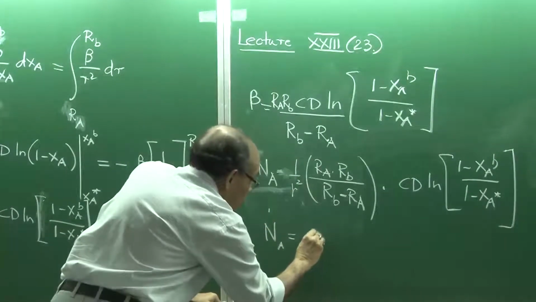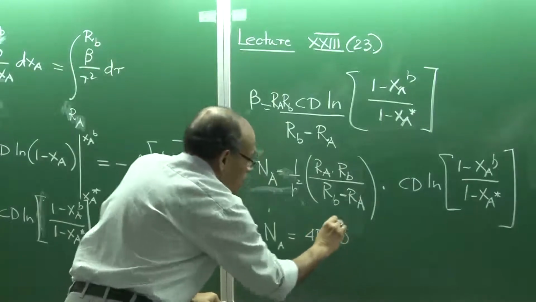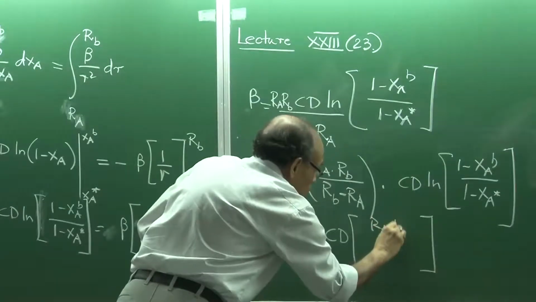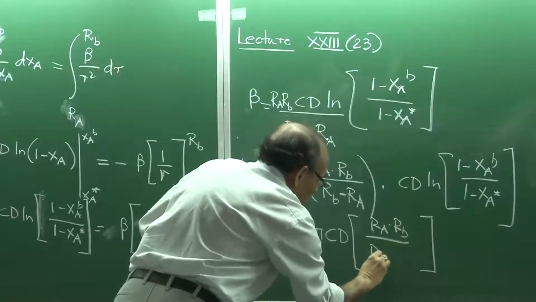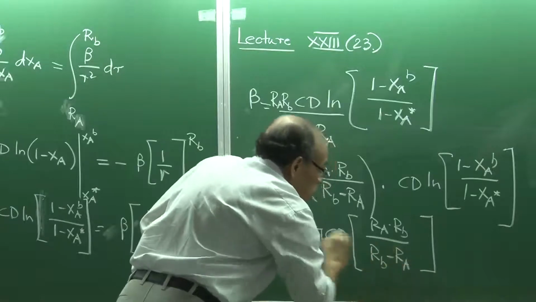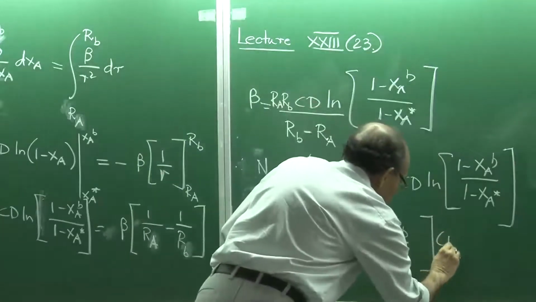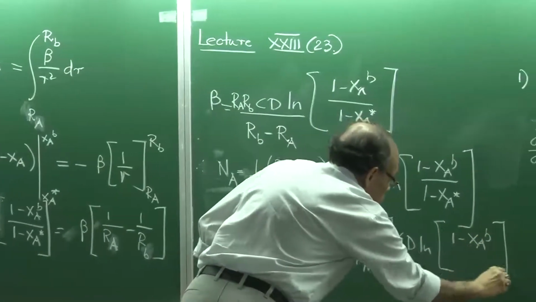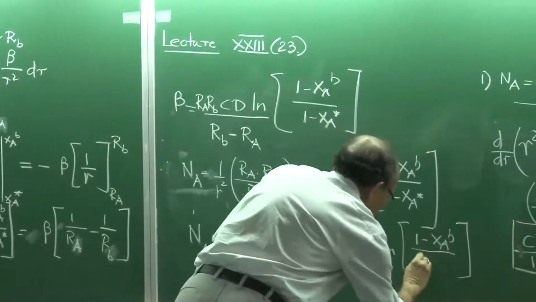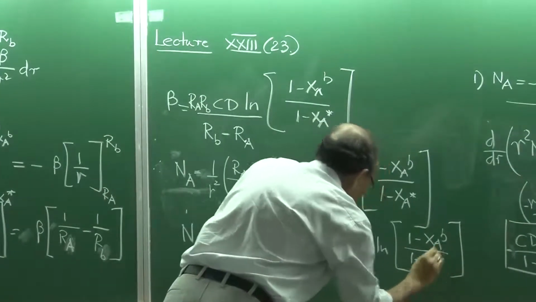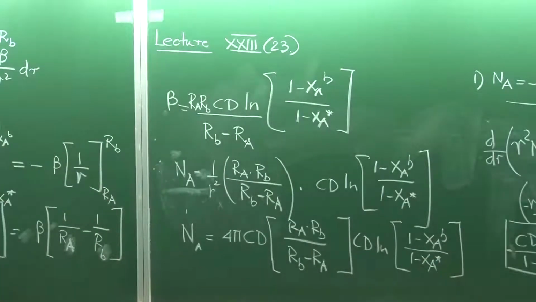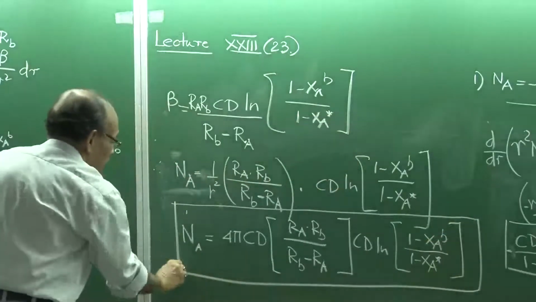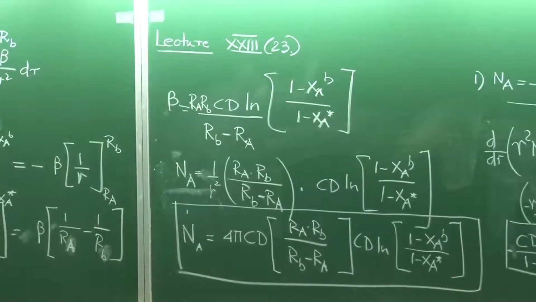So I am going to have 4 pi C into D, then R_A into R_B, divided by R_B minus R_A, and this is going to be C D ln(1 minus x_AB by 1 minus x_A star). So this is our net rate of transport, either in kg moles per second or in kg per second, depending on which unit you want to express.